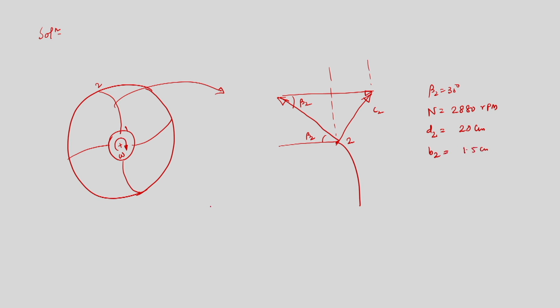If I draw the impeller again, this is the width B2, 1.5 centimeter. So, width of the impeller is given, outlet diameter D2 is given, and we have drawn the velocity triangle.